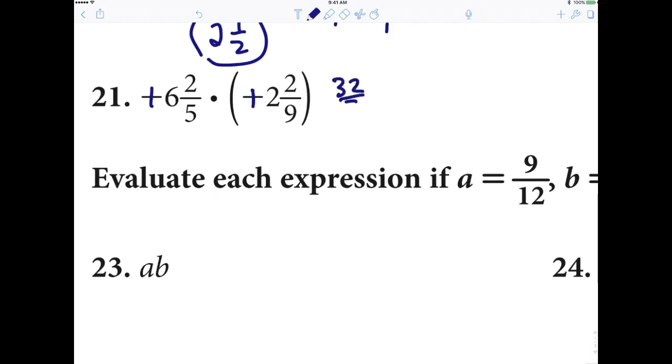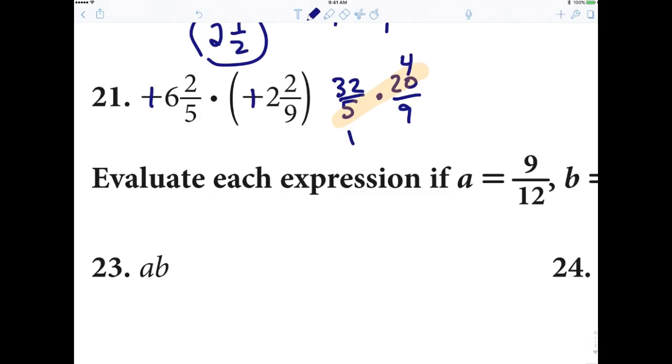Caroline, tell me about 2 2/9. 20 over 9. Beautiful. Ellis, what can I reduce? 5 and 20. 5 would be a 1 and 20 is 4.